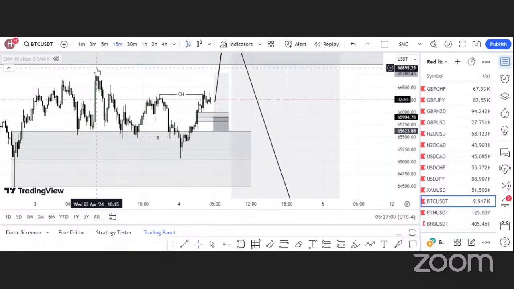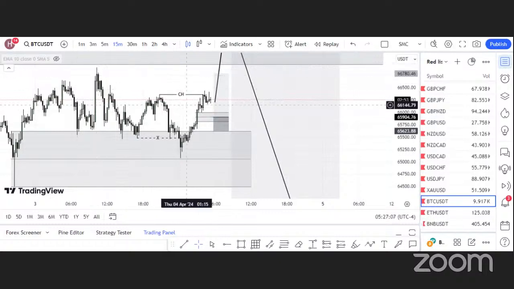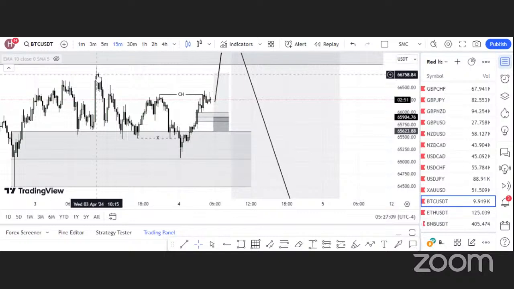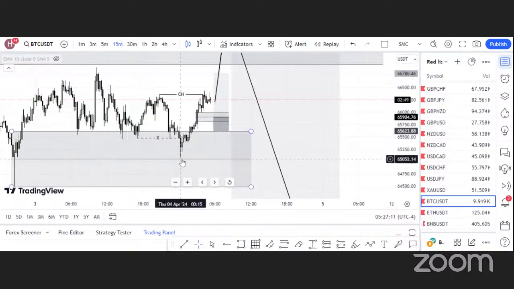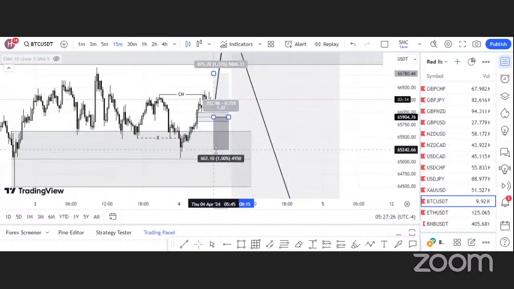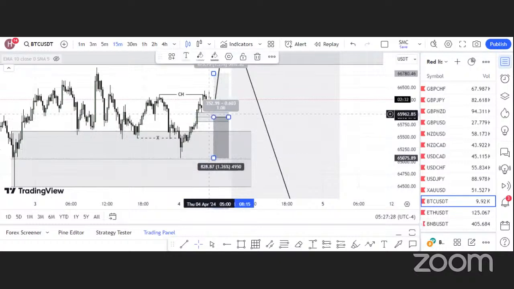And since this high was created, no other high has been created after this. So this is the high and this is the low, because the market hasn't gone below this level. Until the market goes below this level, this is the current low, and this is the current high. So you can decide to set your stop loss to this low and your take profit to this high.